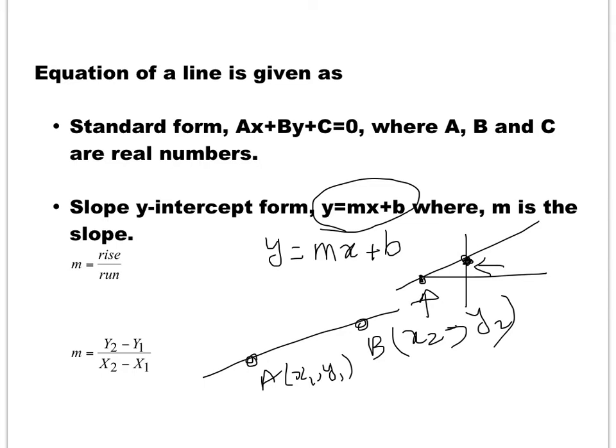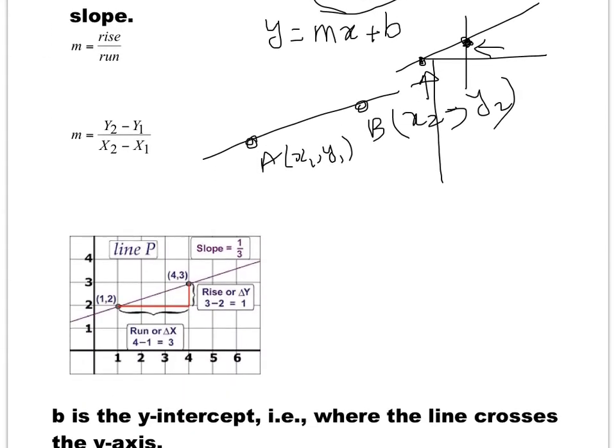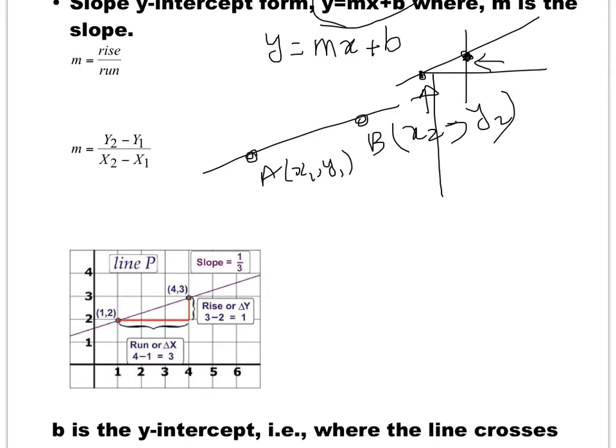Now, the third case that you may see is when you get a line and you're supposed to find the slope. You can see that in this line, 2 points are picked, any 2 points you want, it doesn't matter. The points are 4 on the x-axis and 3 on the y-axis, so it's 4 and 3, and for the other there is 1 on the x and 2 on the y, so it's 1 and 2.